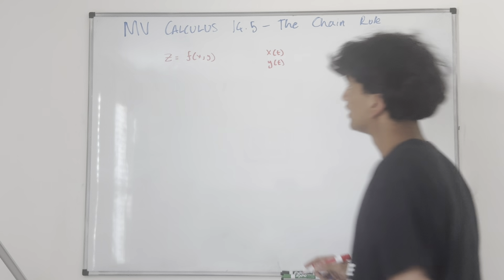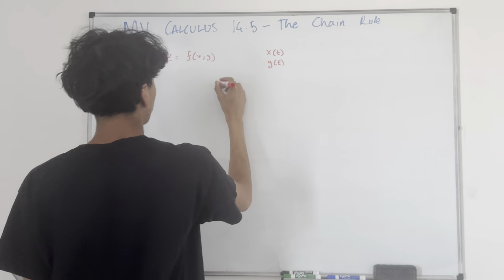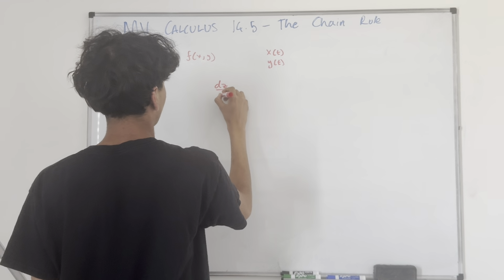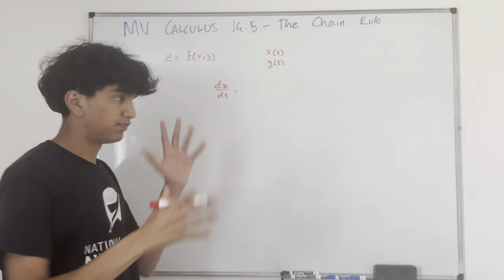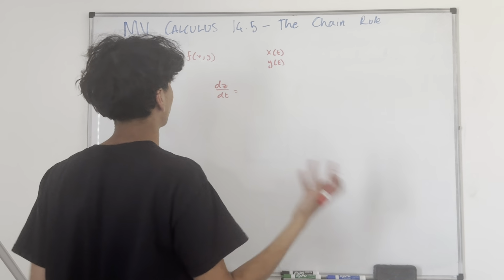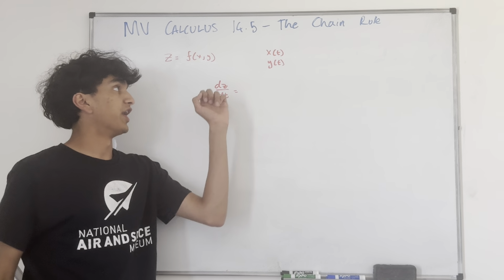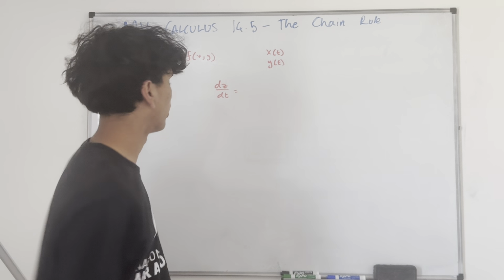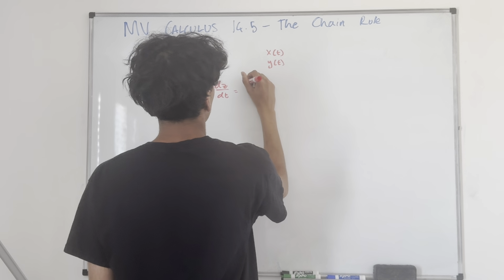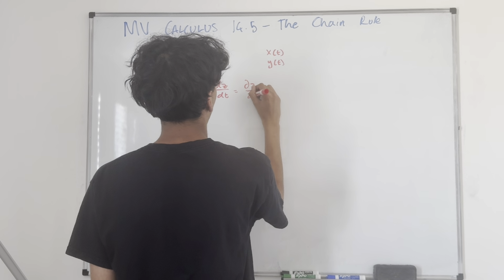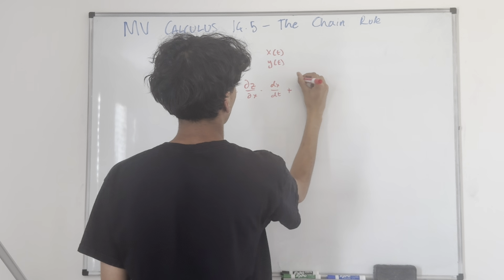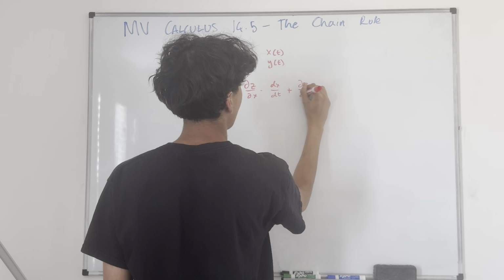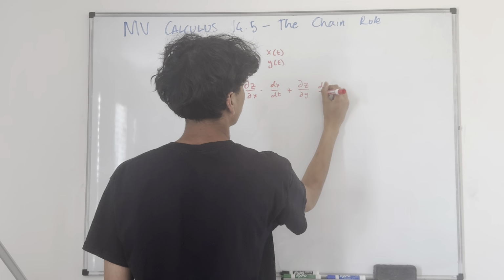Well, what you find is that the rate of change of z with respect to time will equal, and this is the chain rule formula for case one, where x and y are single variable functions: partial z partial x times dx/dt plus partial z partial y times dy/dt.